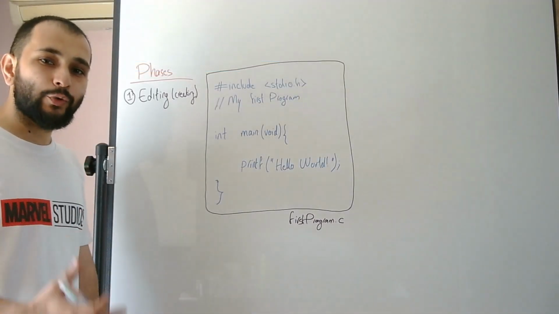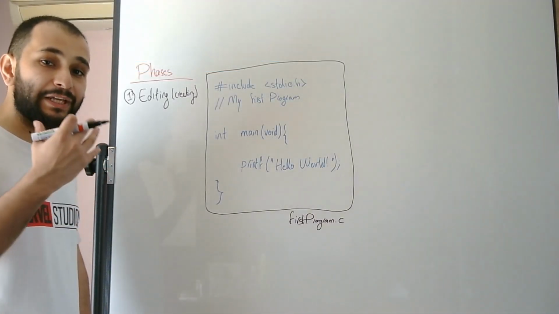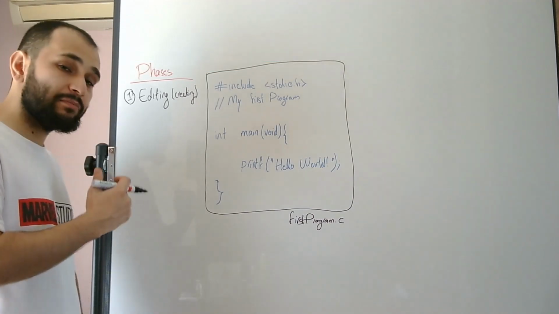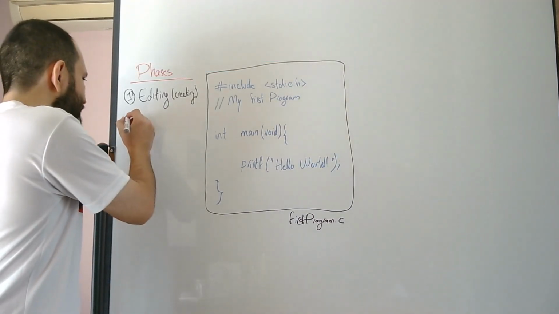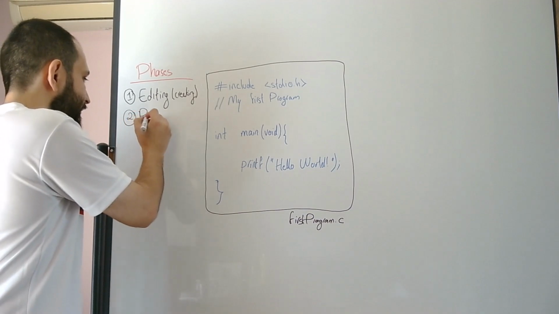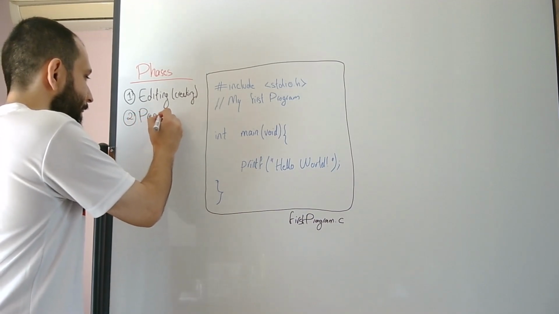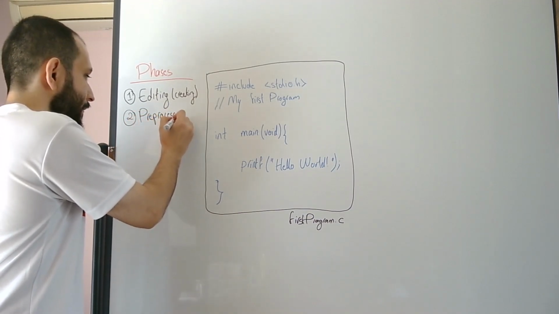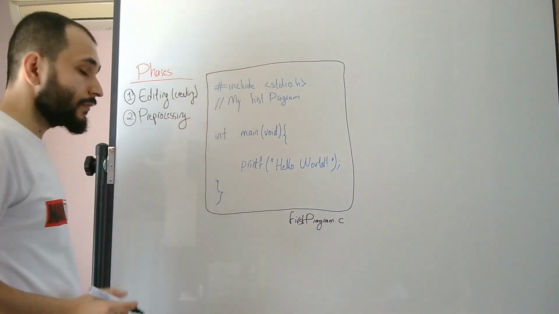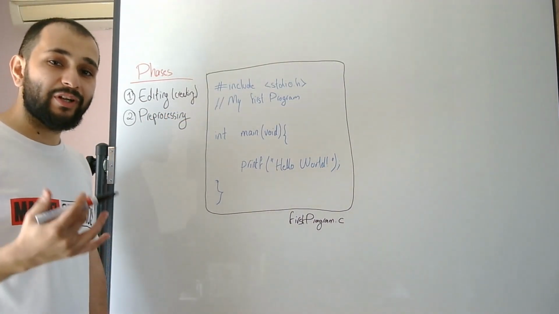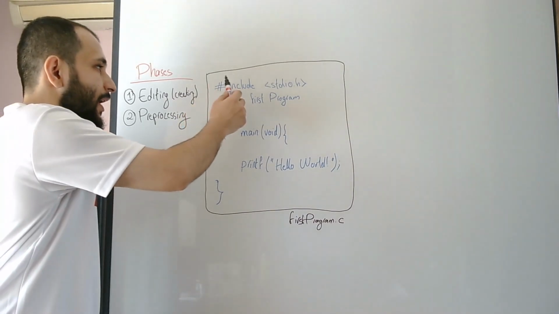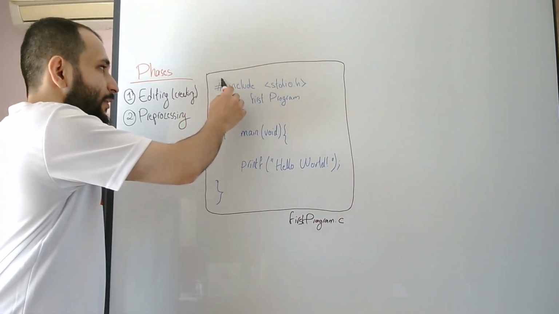So the next phase in creating the C program is the pre-processing phase. So let me write it down for you here. Pre-processing phase. And you remember that in the previous episodes we discussed the preprocessor directives.